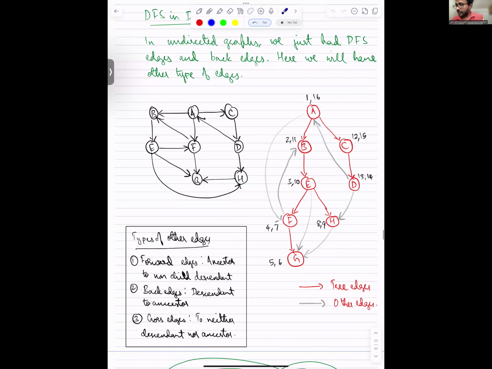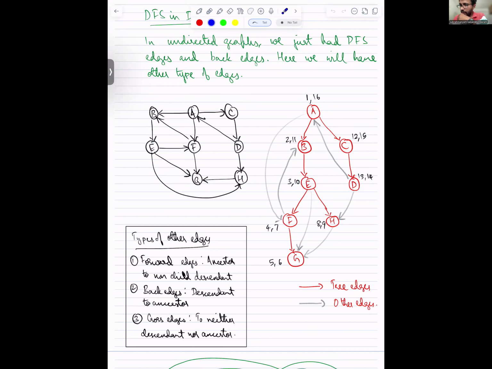Here, what are the strongly connected components in this graph? Anybody? So AB, ACD seems to be one. ABEF, is it?